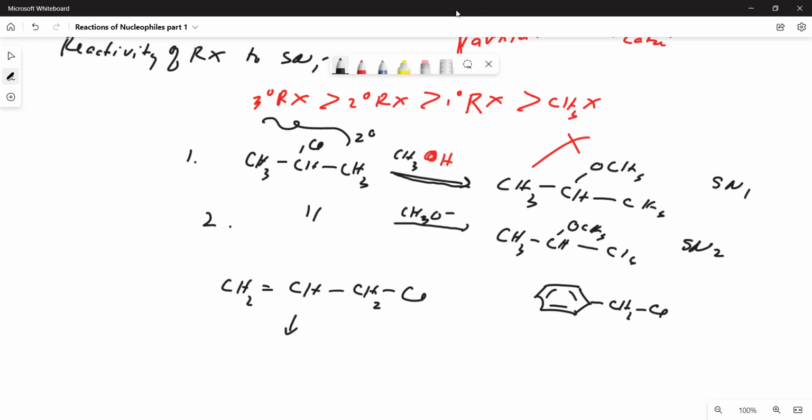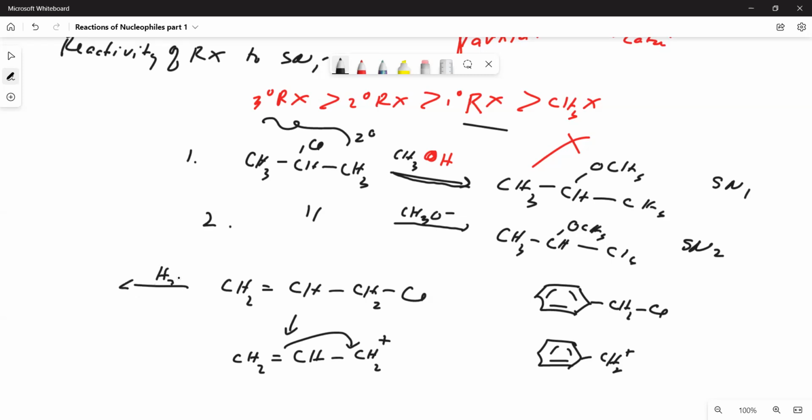Unlike the one here, we said that it usually undergo SN2, but this primary is quite unique because if the chlorine leaves the carbon to undergo SN1 to form the carbonium, this is stabilized by resonance. Okay, same thing with benzyl. So that's why even if they are primary, the chlorine can leave because the carbonium becomes stable. So therefore, these two can undergo SN1 also as long as you have the right condition.